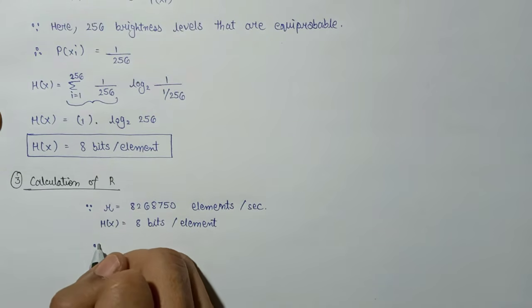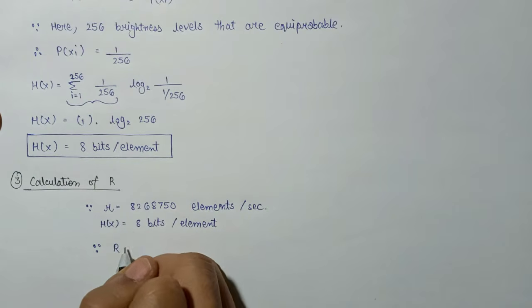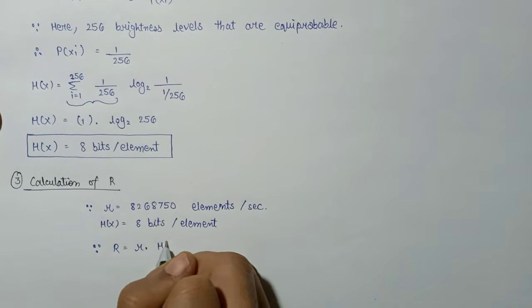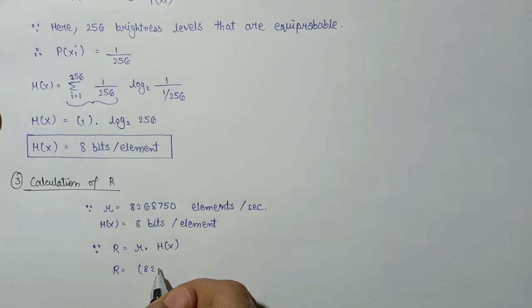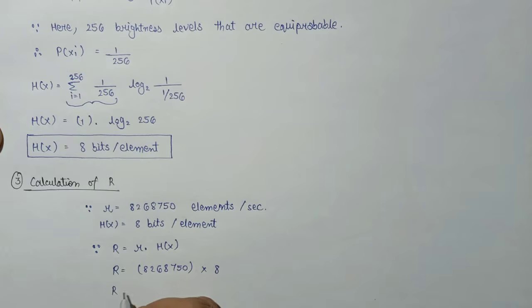We also know that capital R equals r × H(X). So substituting the values of r and H(X), we get capital R equals 8268750 multiplied by 8. Its value comes out to be 66.15 × 10^6 bits per second.